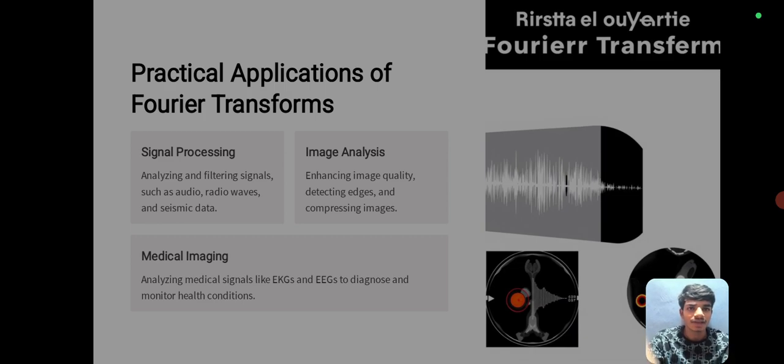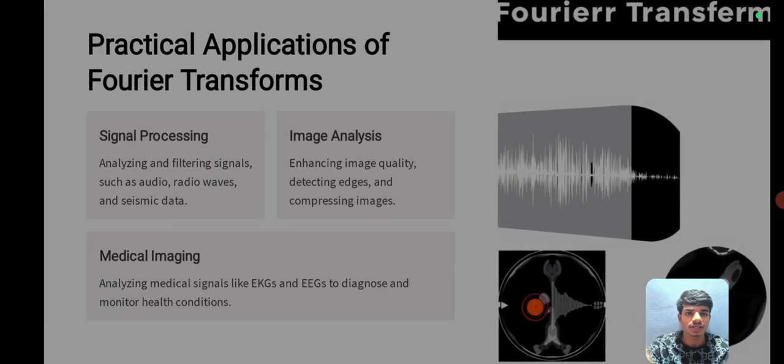The next slide we have is practical applications of Fourier transforms. The three points are signal processing, image analysis and medical imaging. Signal processing is nothing but analyzing and filtering signals such as audio, radio waves, and seismic data.